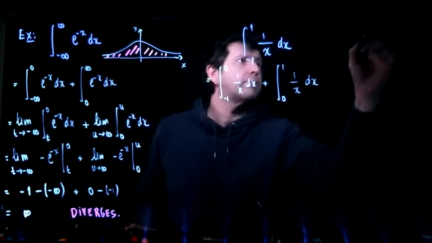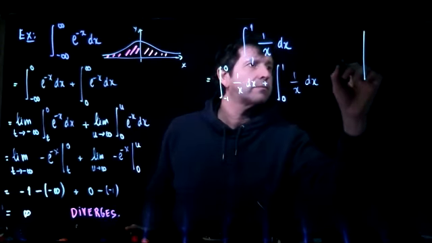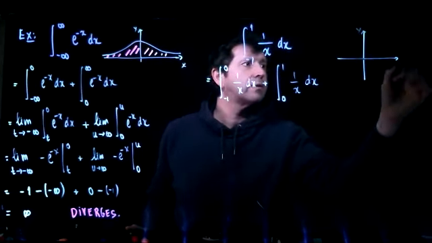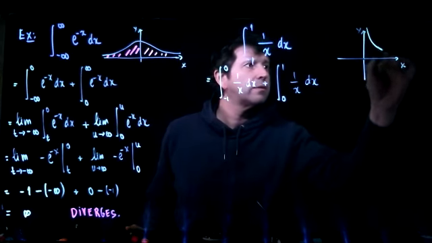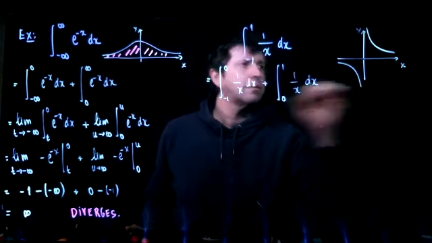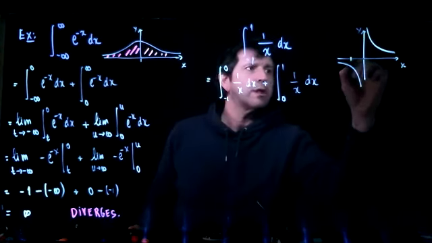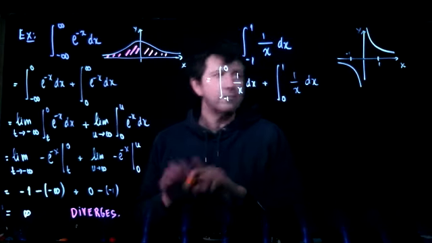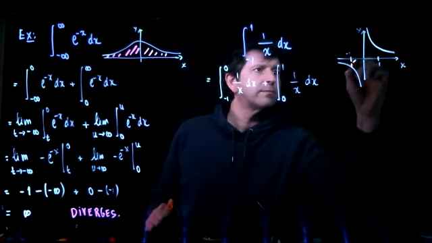My function looks like this. I think you know what 1 over x looks like. Basically I'm looking from -1 to 1. That's the region.